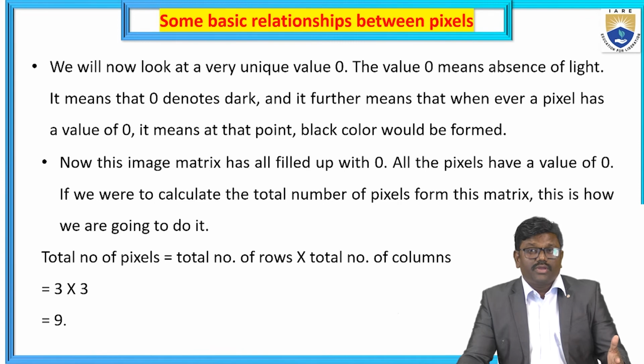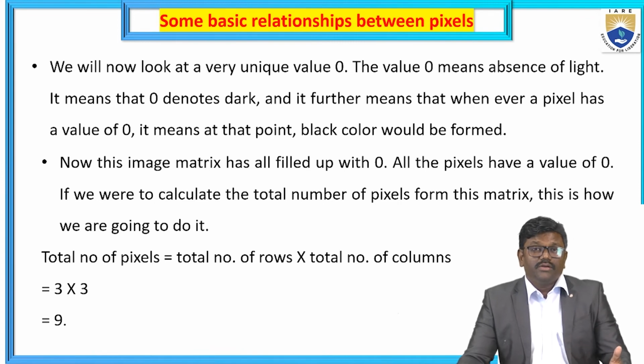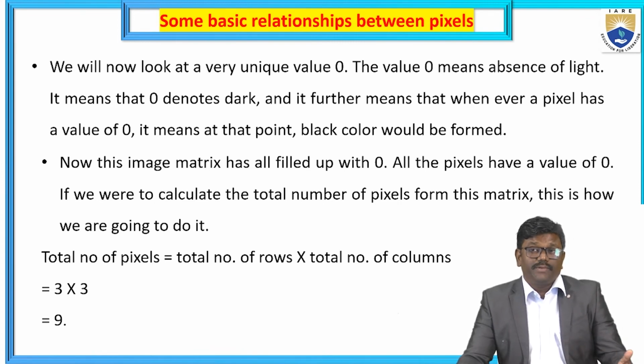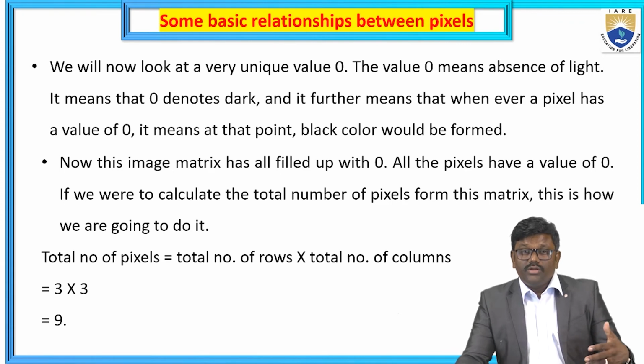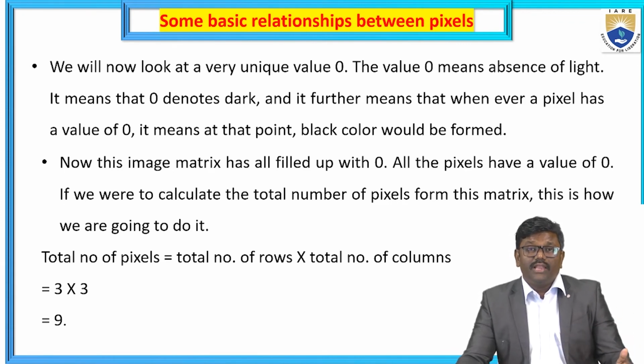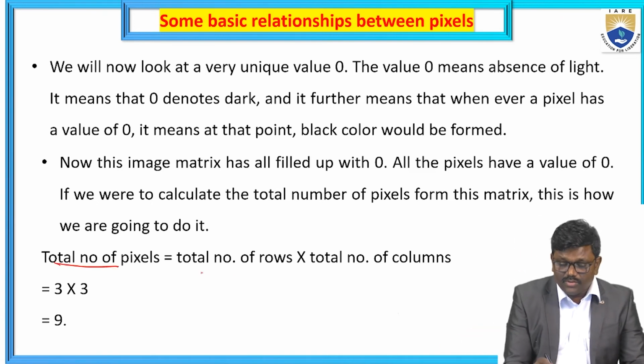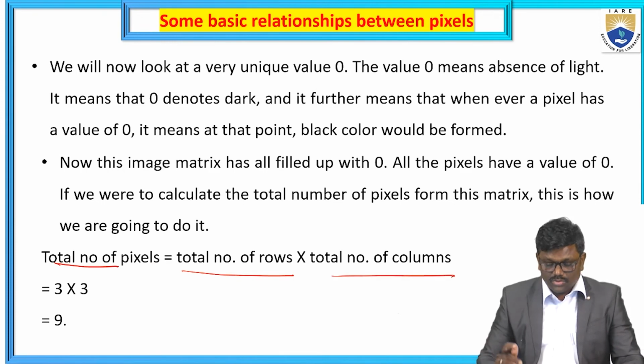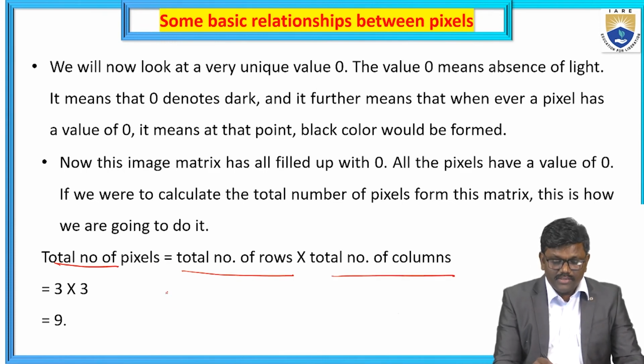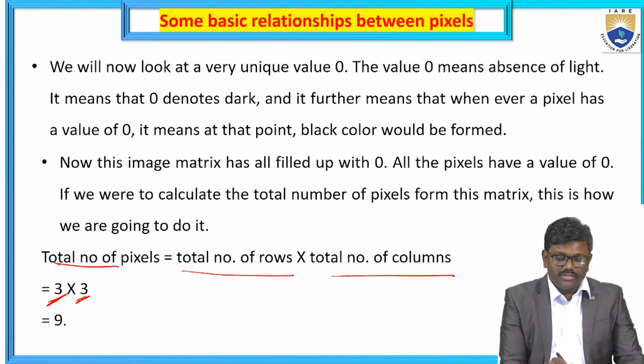If we were to calculate the total number of pixels from this matrix, how do we find that value? Total number of pixels is equal to total number of rows times total number of columns. We are taking here 3 rows and 3 columns.